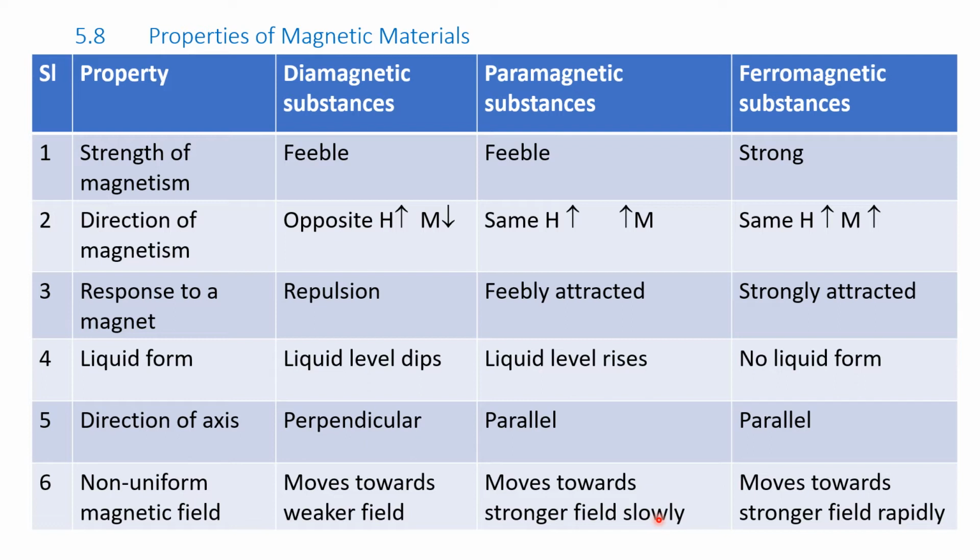Whereas the ferromagnetic substance moves towards a stronger field rapidly. Here you please see the speed with which the movement occurs. A paramagnetic material moves slowly towards the stronger field, whereas the ferromagnetic material moves very fast.